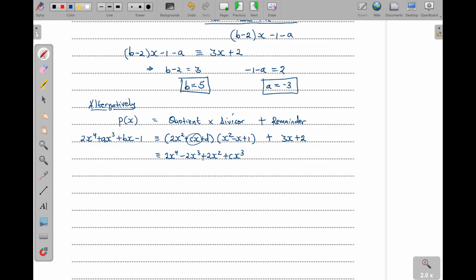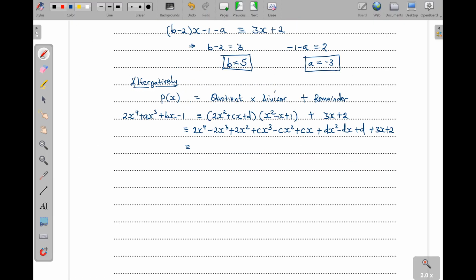And then cx times minus x, that will be minus cx squared. Cx times 1, that will give us cx. And then d times everything here, we shall have dx squared minus dx, then plus d. And then we shall add the 3x plus 2. Now we can simplify these terms here.